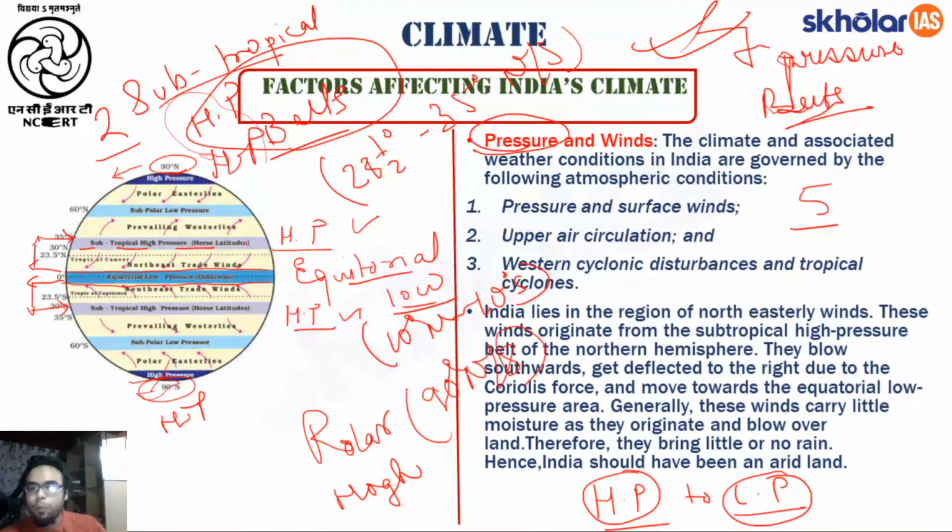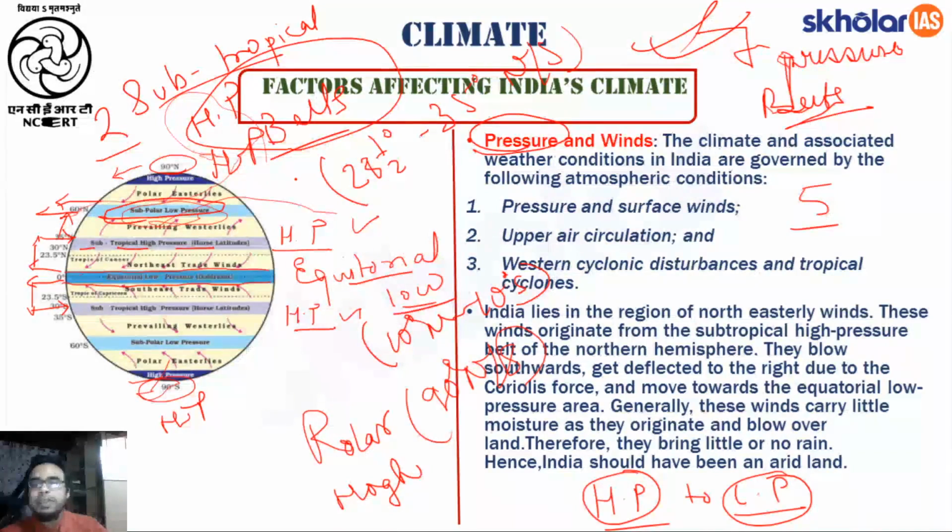Then from the subtropical high pressure belt, a wind will move from high pressure to low pressure. The wind coming from the polar highs and the wind coming from the subtropical high pressure, as it collides, will rise up. And as it rises up, we will see low pressure.